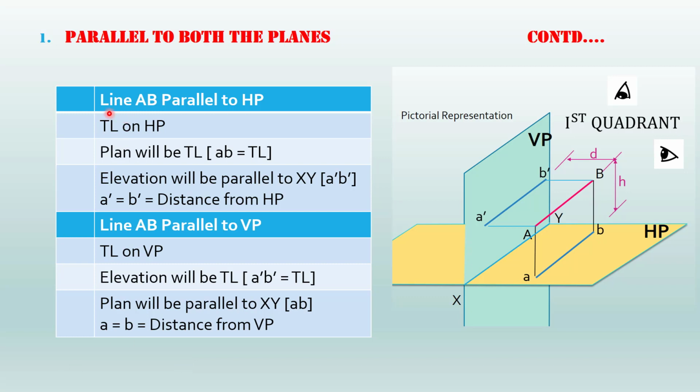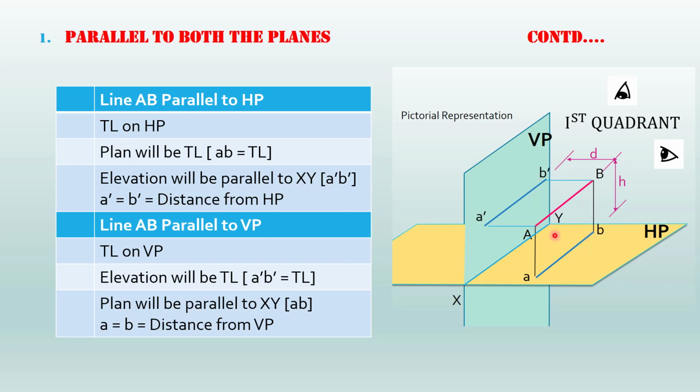If the line is parallel to HP, we will get true length on HP, right? On HP, we will get the plan. So the plan will be true length, so the distance AB will be equal to true length. Now, the elevation will be parallel to XY.